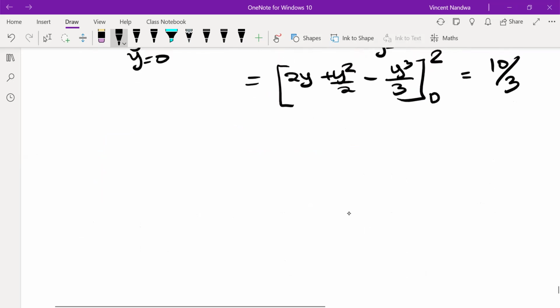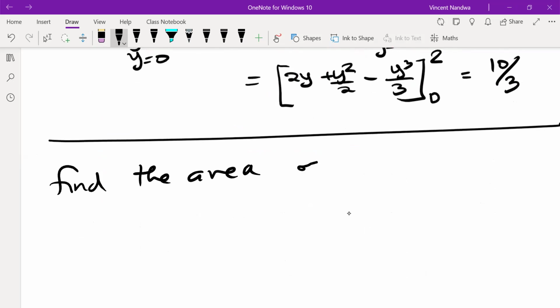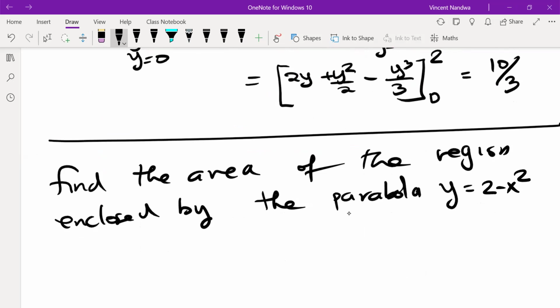So another example on area between curves. Find the area of the region enclosed by the parabola y equals 2 minus x squared and the line y equals minus x.